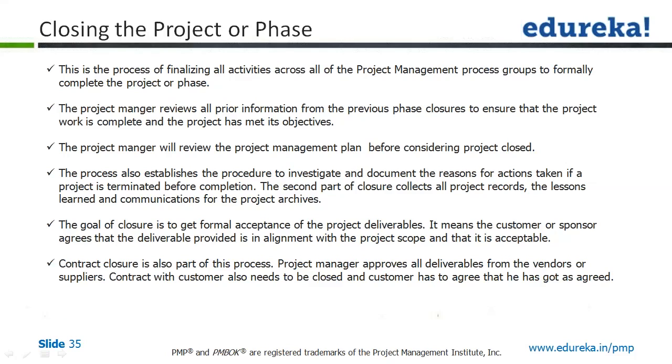So what are the activities we should pay attention to in closing the project or a phase? This is the process of finalizing all activities across all of the project management groups to formally complete the project or phase.